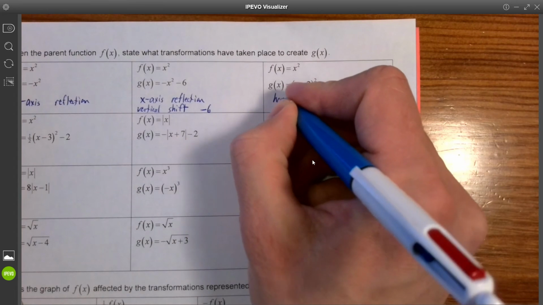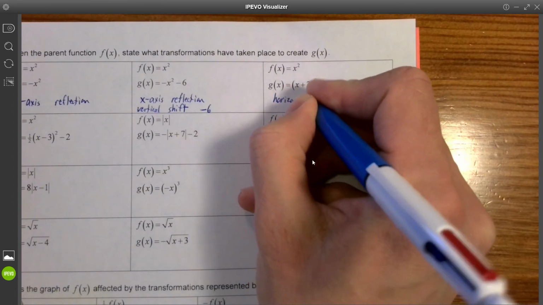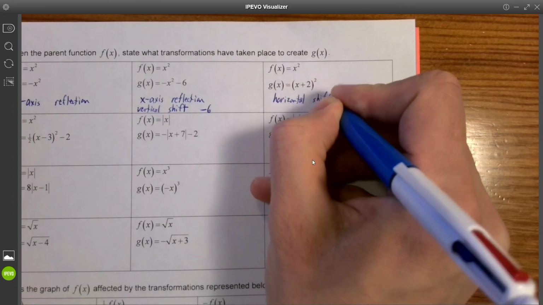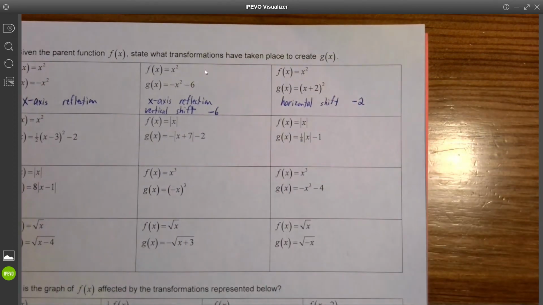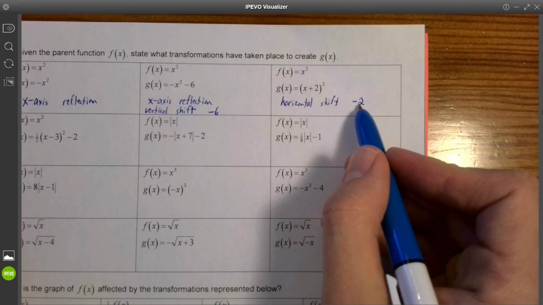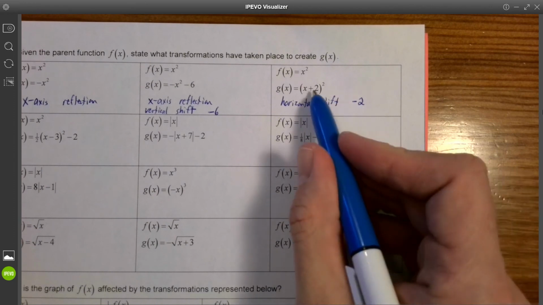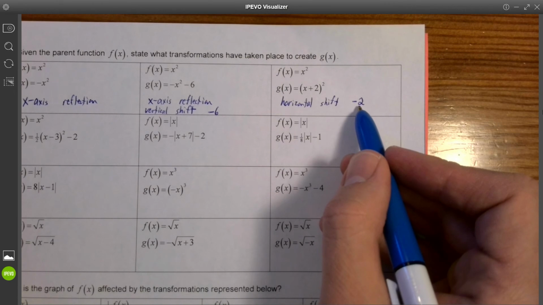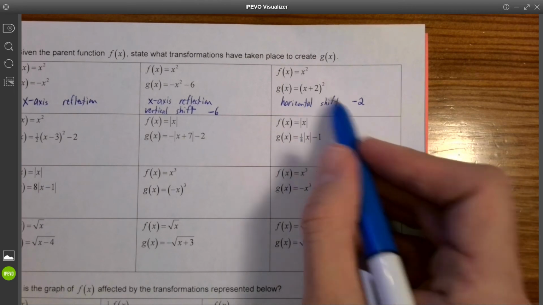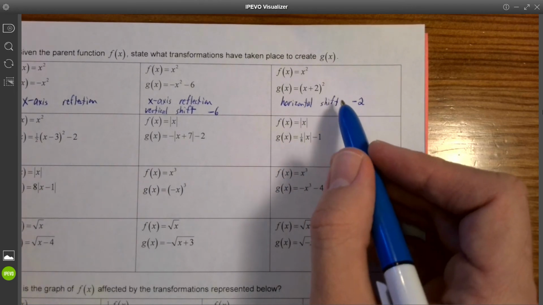So this is a horizontal shift of negative 2. If I have some function and I want to shift it left 2, then I better put a plus 2 in there. If I wanted to shift it to the right 2, then I'd put a minus in there. It's going to be the opposite of what you think for a horizontal shift.